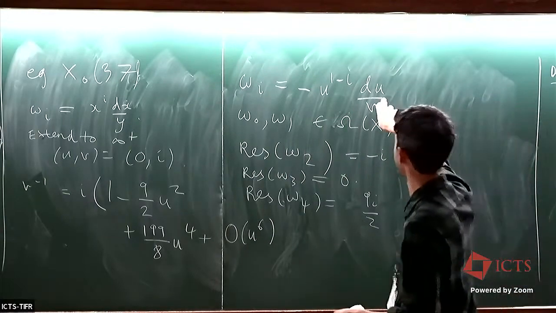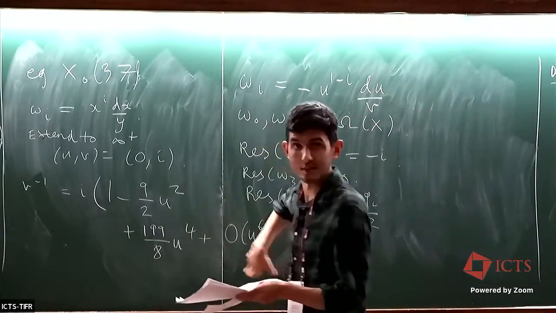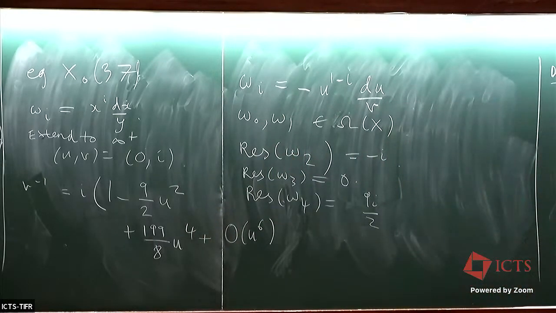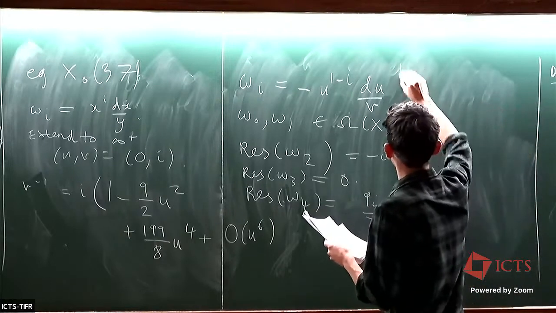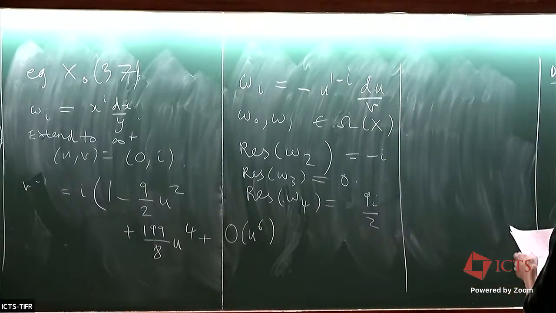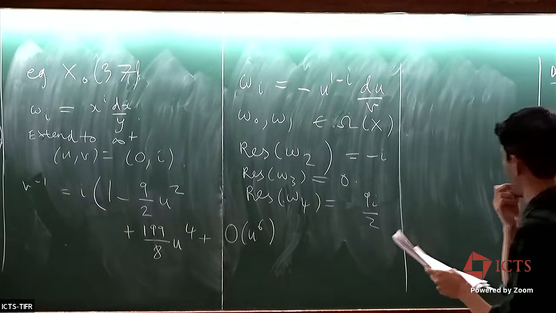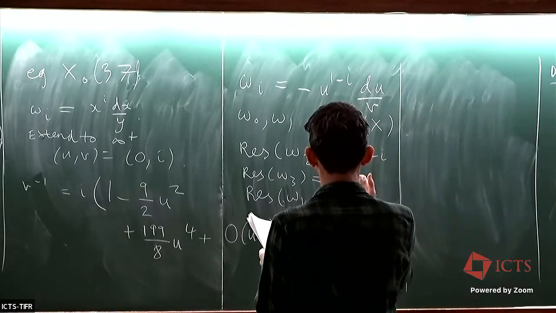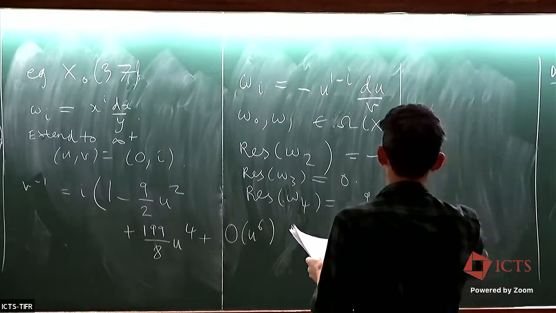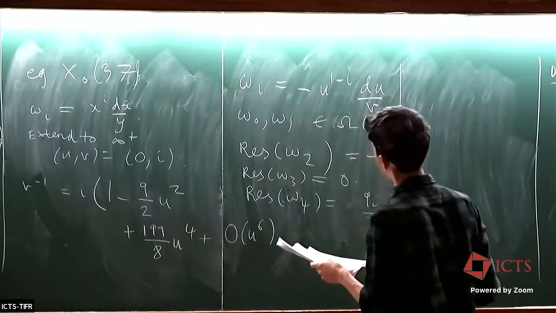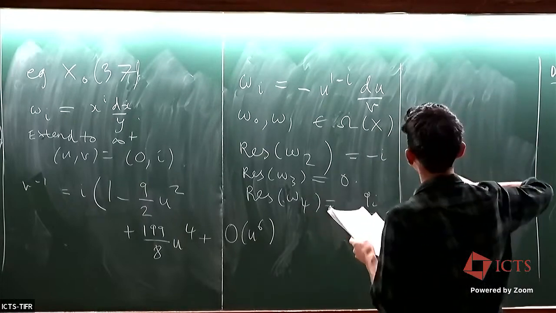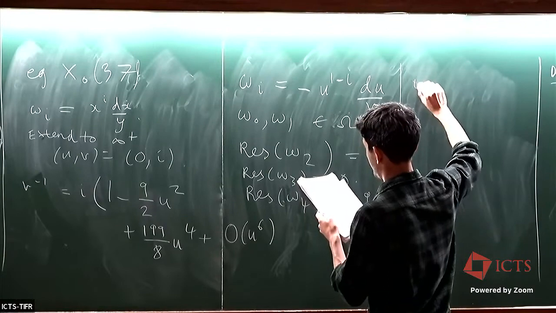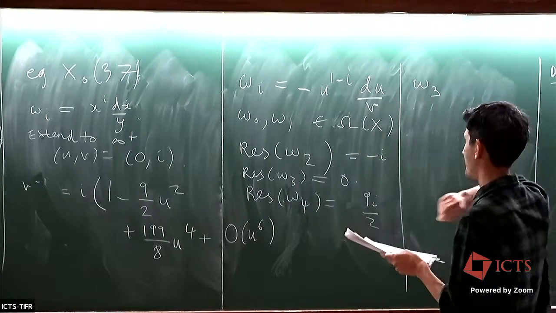So where does this come from? This is just from multiplying this by du and u to the 1 minus I. For example, how do we extend omega 3 to infinity?